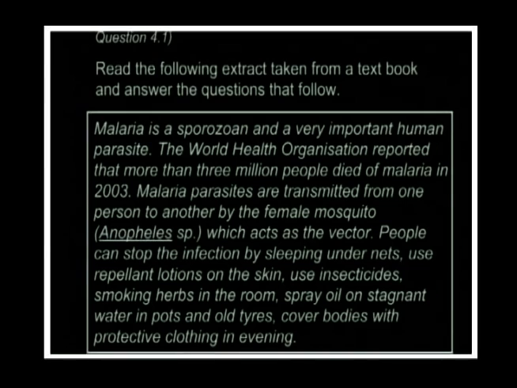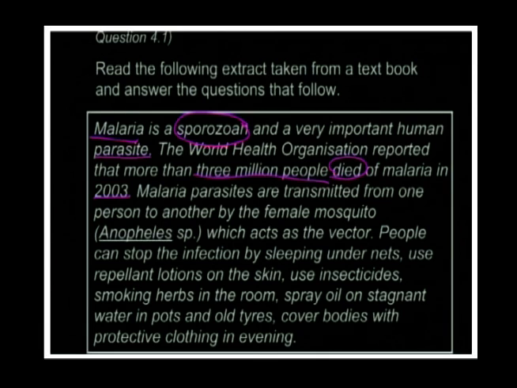Question 2 gives us a reading study, and remember to highlight important bits as you go through. Malaria is a sporozoan and a very important human parasite. World Health Organization reported that more than 3 million people died of malaria in 2003.